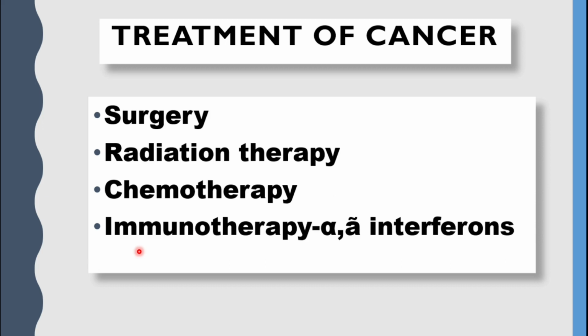Such patients are given certain modifiers like alpha interferons. And what do these interferons do? These interferons can activate the patient's immune system, and this in turn helps to destroy the tumor by the immune system. So it's a very effective method, this immunotherapy.